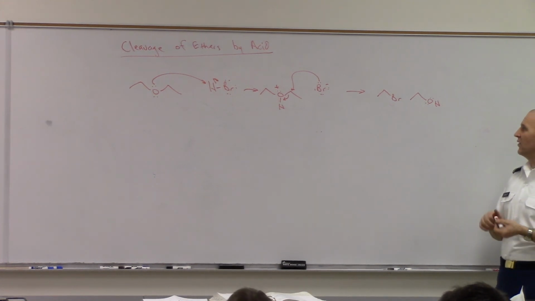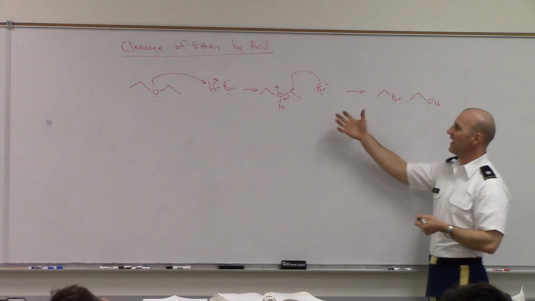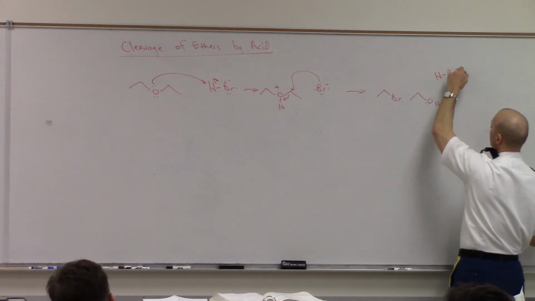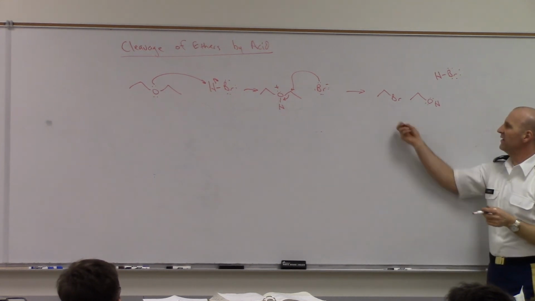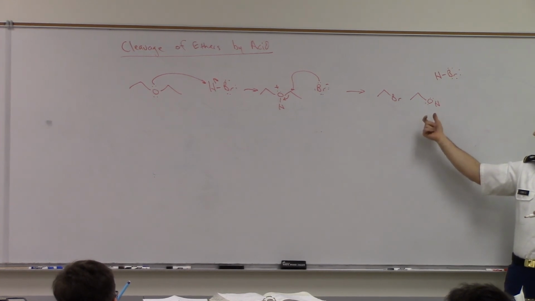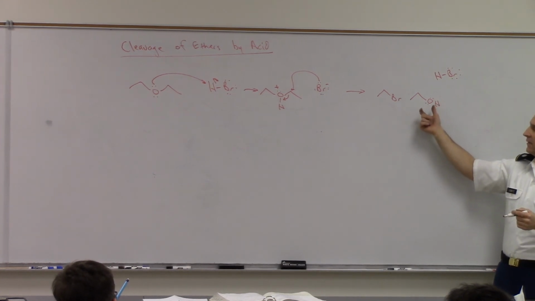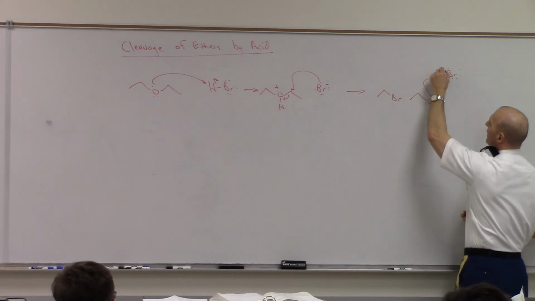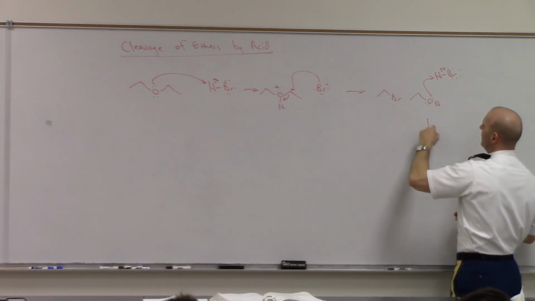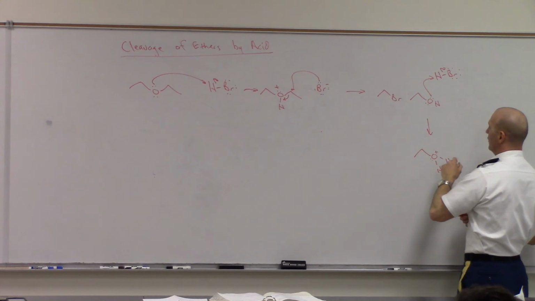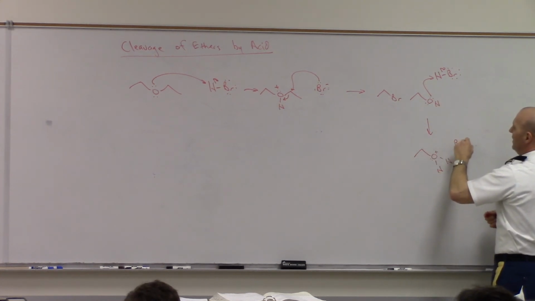Okay, we're not done yet though, because there's a lot of acid floating around. So what can happen in this scenario? It could create a water. Yeah, you're just skipping a step. The first thing that happens is the oxygen takes the hydrogen. We create a good leaving group, and then we have bromide.